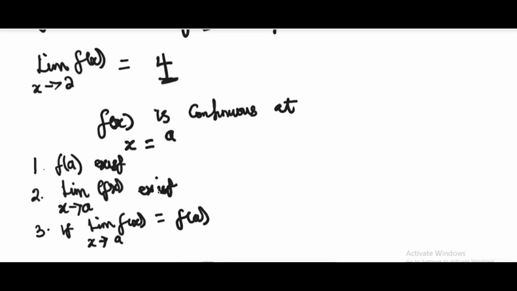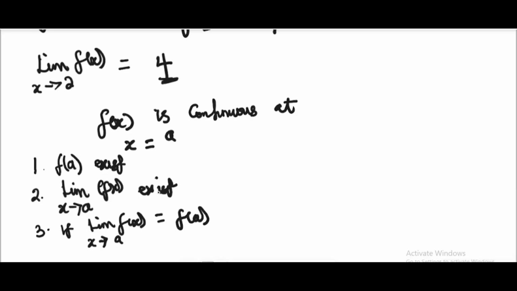A function f of x finally is said to be continuous at x equals a if these three criteria are met. The first one: does f of a exist? Remember that x is equal to a, right? So if it exists, that's the first thing.